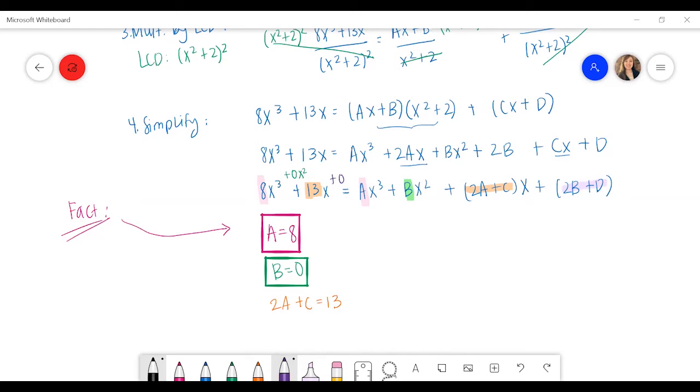And I would say write that out if you need to. So if you expanded, you'd have 8x cubed plus 0x squared plus 13x plus 0. If that helps, if not, you don't have to fill in those pieces. But that's 2B plus D is equal to 0. And altogether, those make up your system of equations that you're looking at.